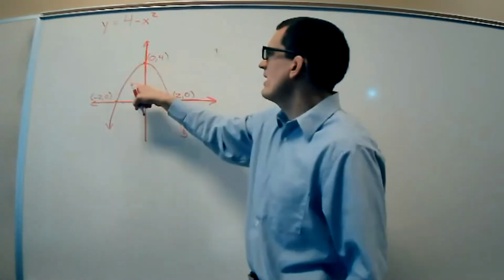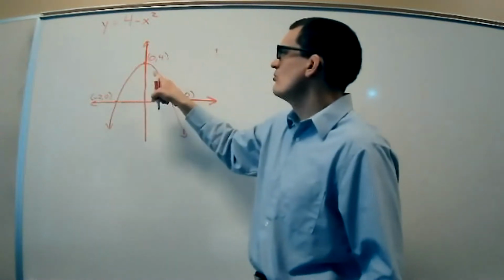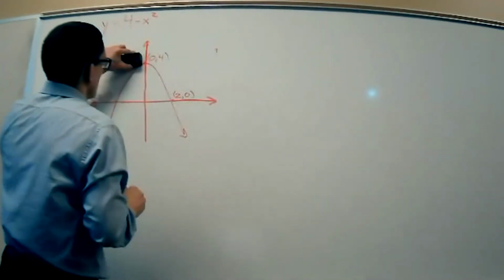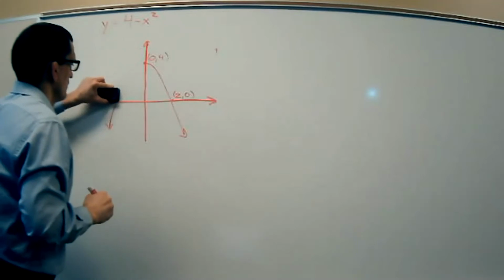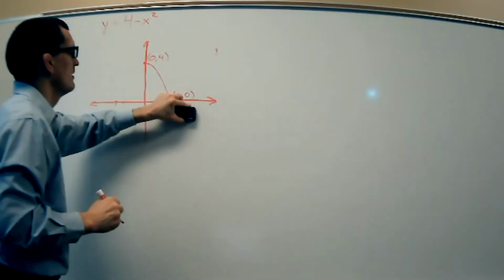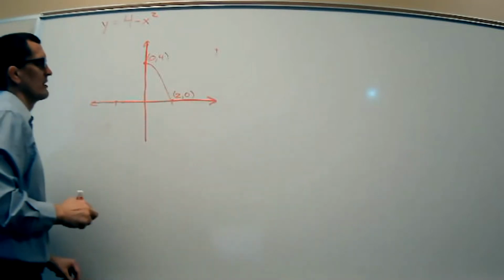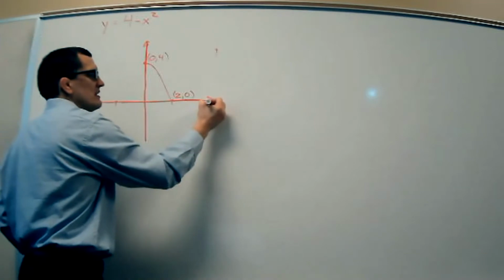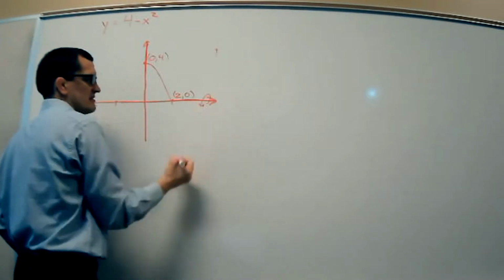And so we have two bounded regions. We're focusing in on this one because it's in the first quadrant. So I'll erase that other side. So that's the region we're going to look at. And we're going to rotate that around the x-axis.